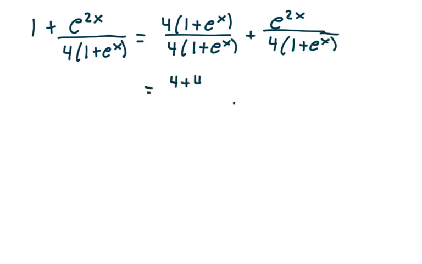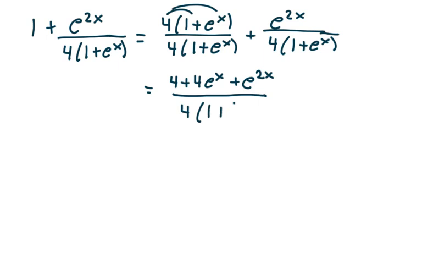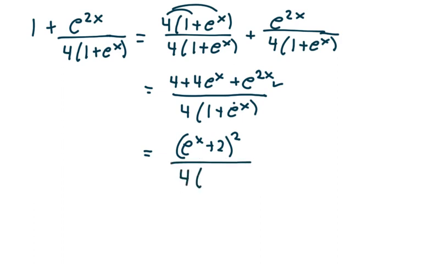So you get 4 plus 4e to the x plus e to the 2x. I just distributed the 4 in, and then I divide by 4 times 1 plus e to the x. So we're doing a little bit of upfront work, right? And so this is e to the x plus 2 to the second, right? That's a perfect square in the numerator. And I'm going to divide by 4 times 1 plus e to the x.